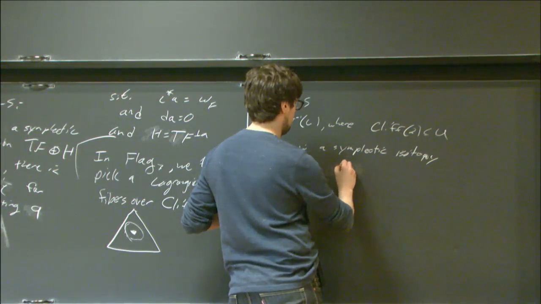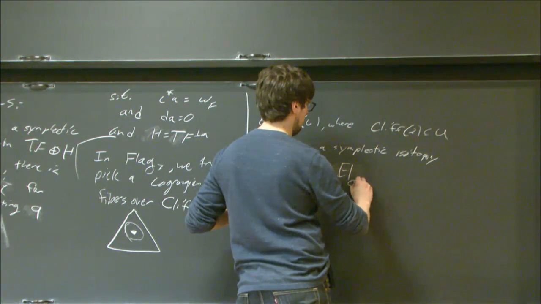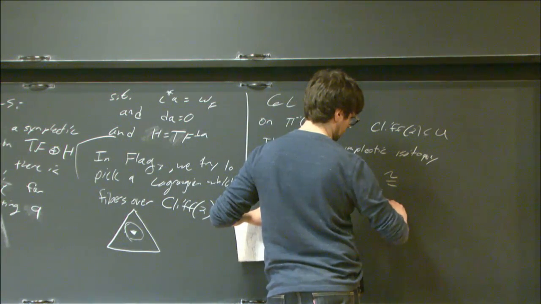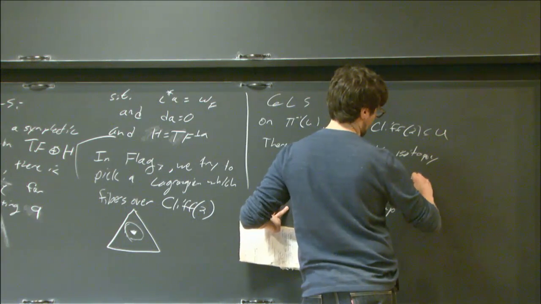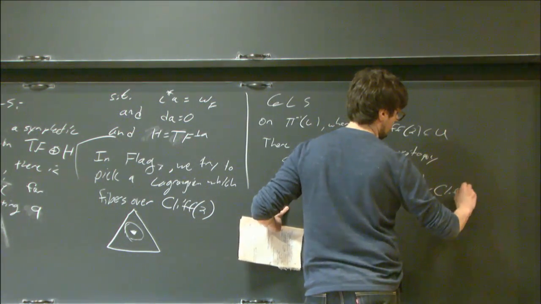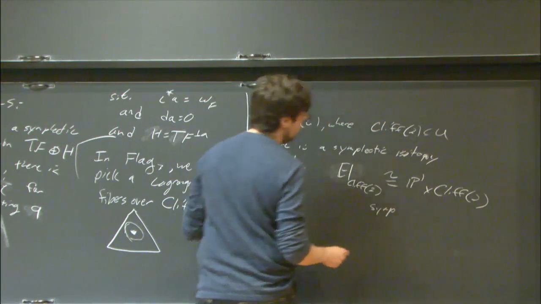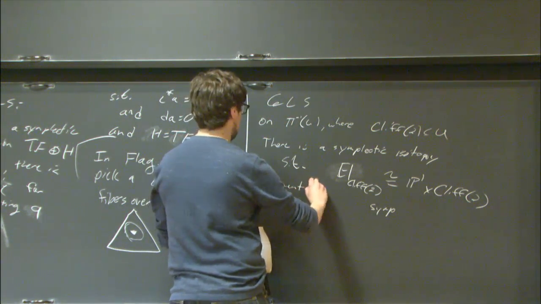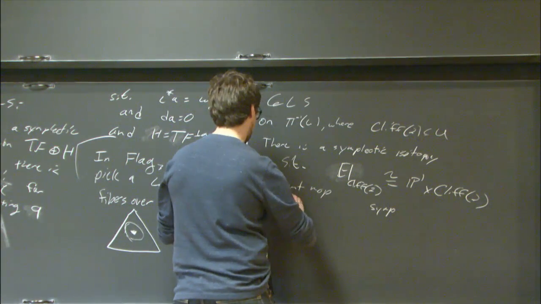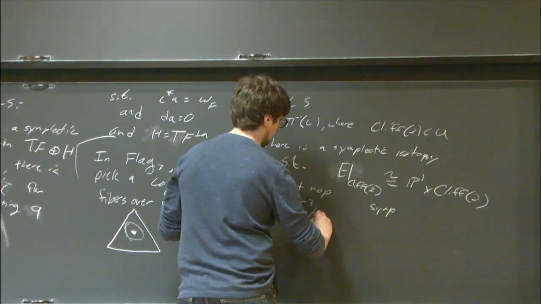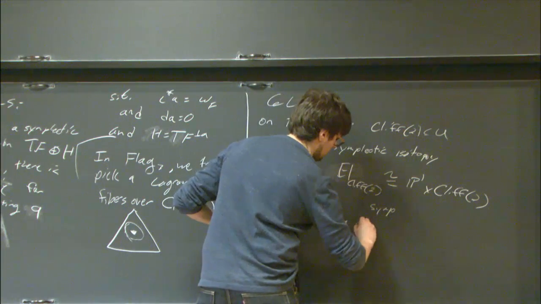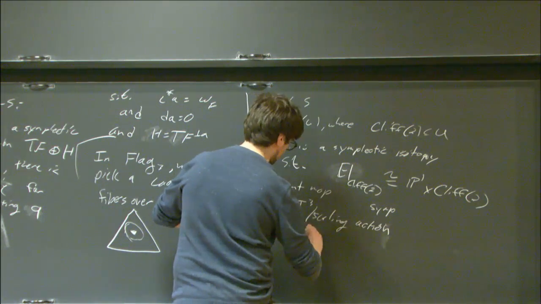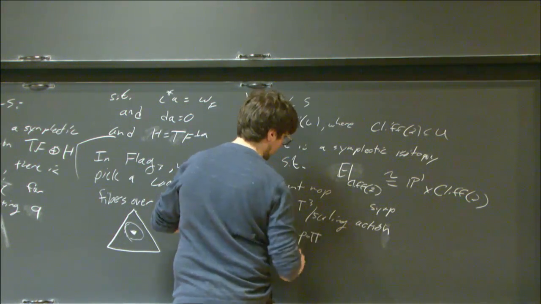let's say E restricted to Clifford 2 is symplectically just P1 cross Clifford 2. Or really, what the result is actually saying is that the moment map for the T3 mod scaling action is phi circ pi.